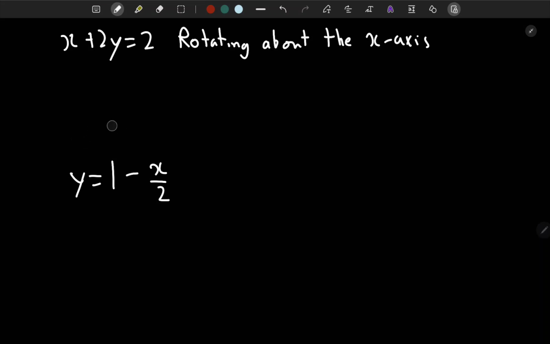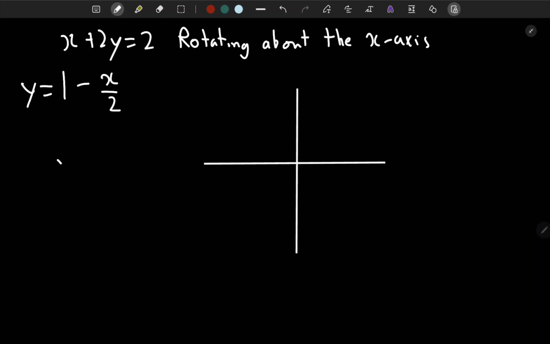So now let's just take any random points for x and y, 0, 1, 2, -1, and graph it. So here, when y is 1, x is 0, and when y is 0, x is 2. So these are the two intersections, and let's draw the graph now.